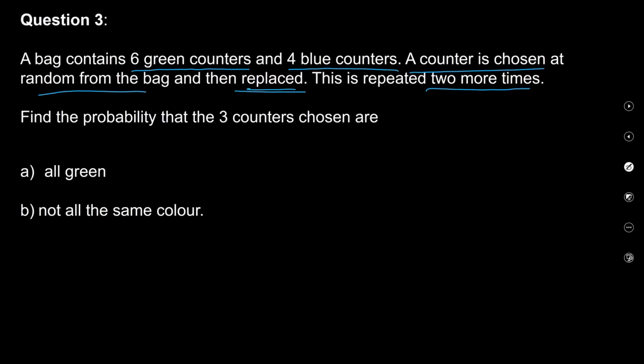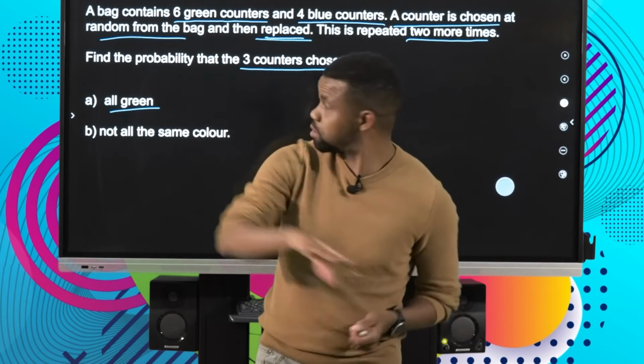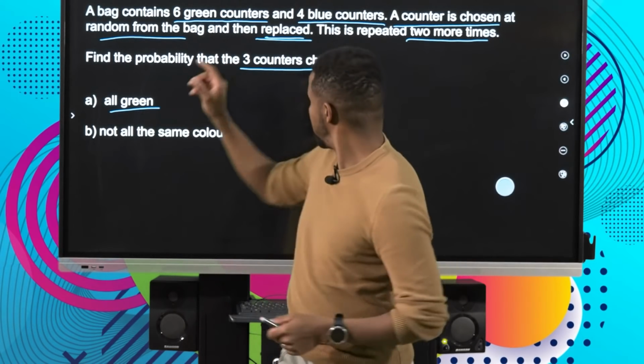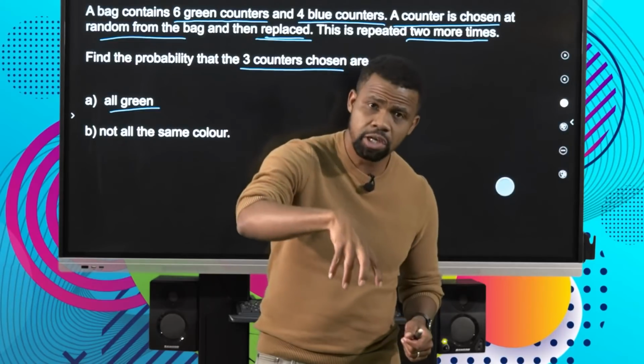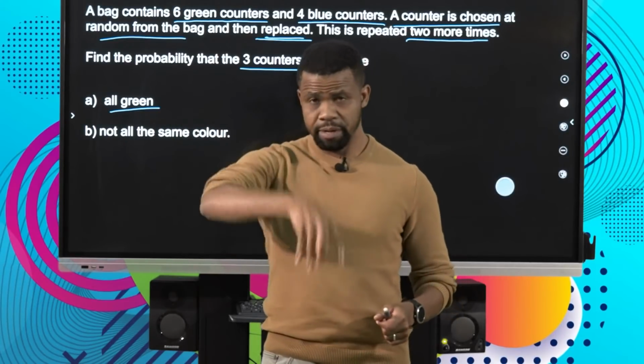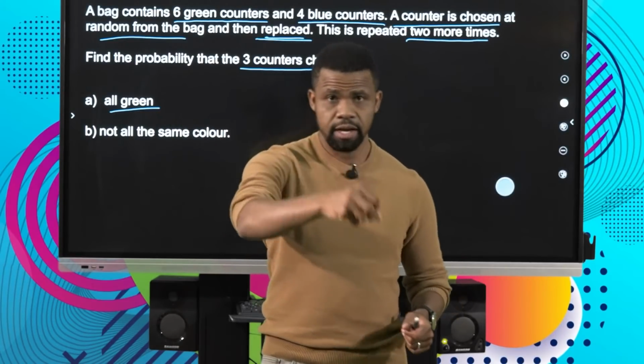Now the question is, find the probability that 3 counters chosen at random are green. What is the question asking? What is the chance of, we put these 6 green and these 4 blue, what is the chance of getting green? I put my hand in, I get green, I replace it.